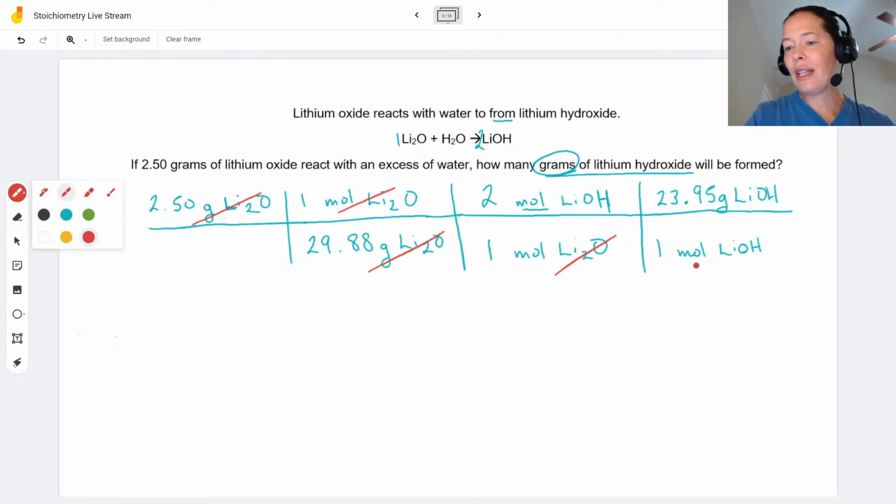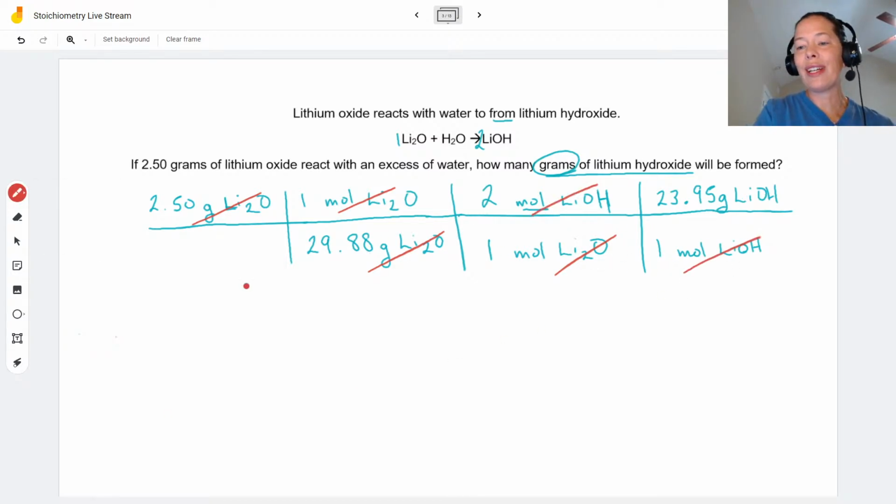And again, you can see my moles of lithium hydroxide cancel. And my final unit is going to be grams of lithium hydroxide. So it's always good when your units cancel and the unit you end up with is the unit you want. That's always a really great sign that you've done the problem correctly.